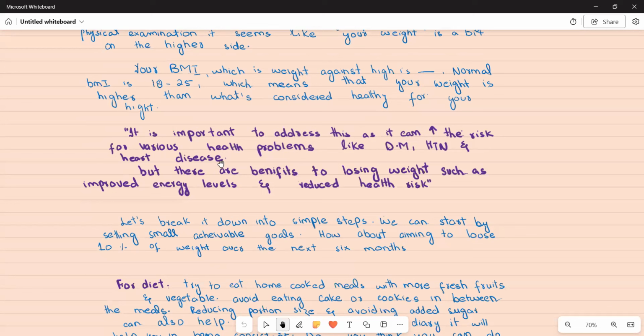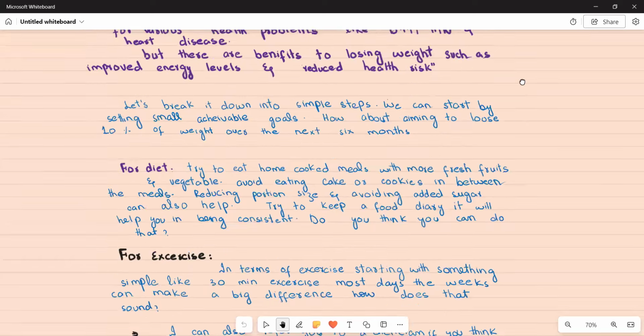So we have told them the harmful impact. But there are benefits to losing weight, like improved energy levels and reduced health risks. So you have told them about the benefits as well. So risk versus benefit. And then we are going to lay out our management plan.